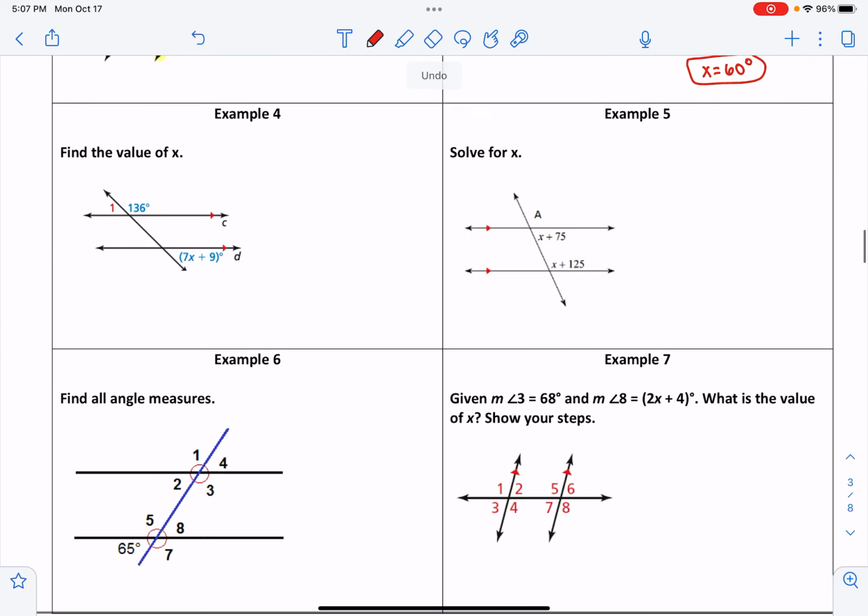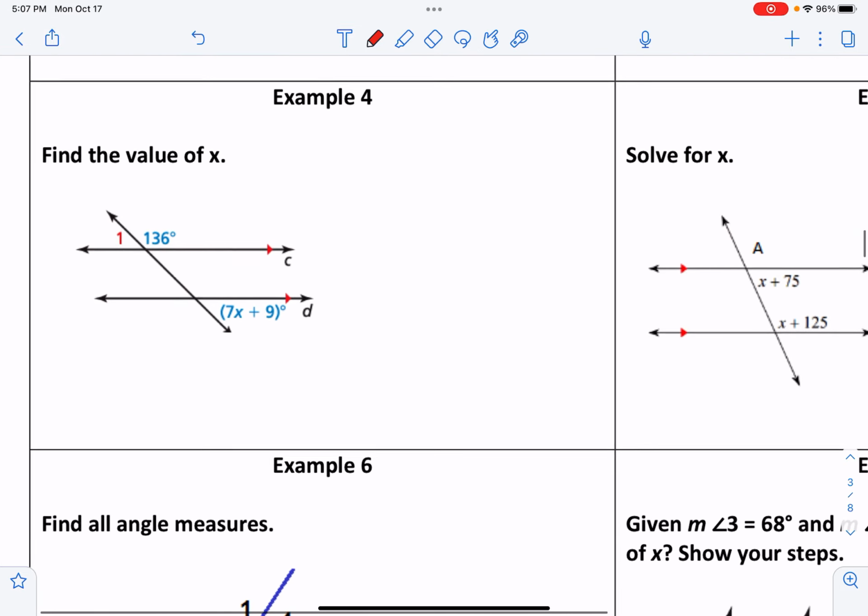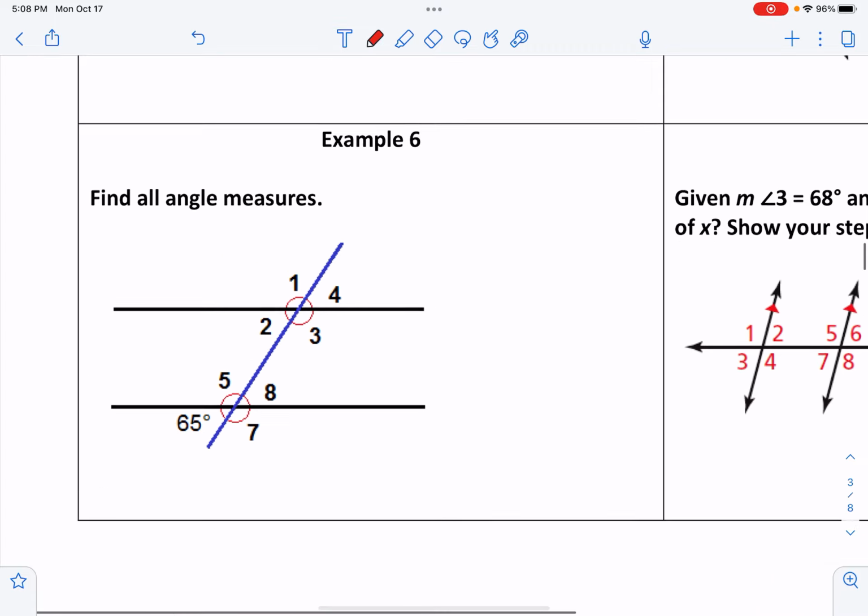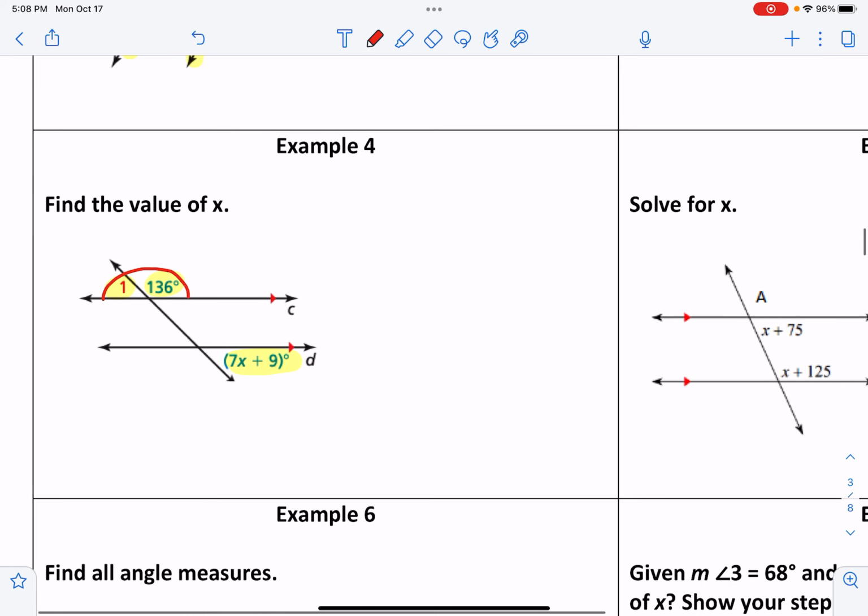Okay, going on to example 4. This angle and this angle are same side exterior. The problem is, you guys, same side exterior, we don't have a relationship for that. But if I look at angle 1, these guys are a linear pair, 1 and 136.